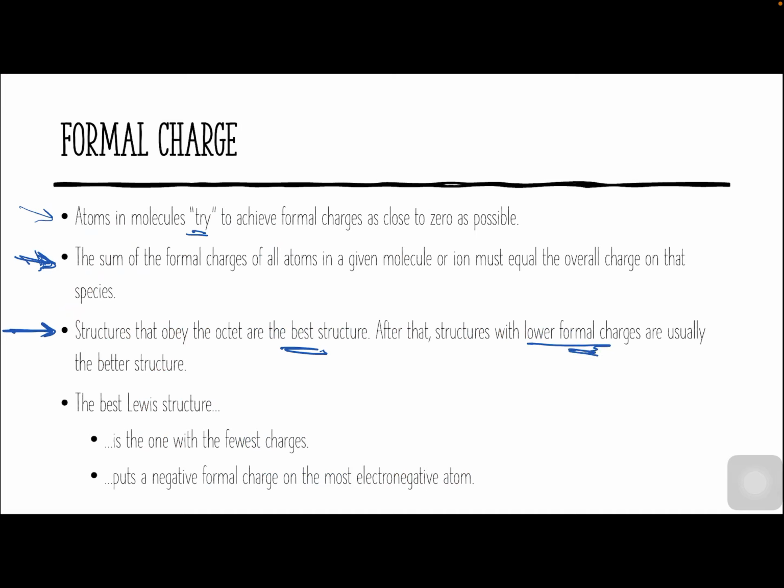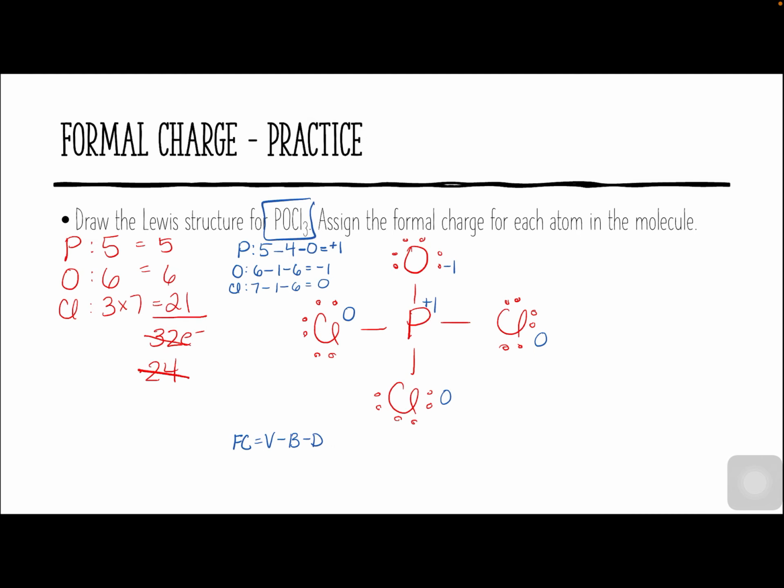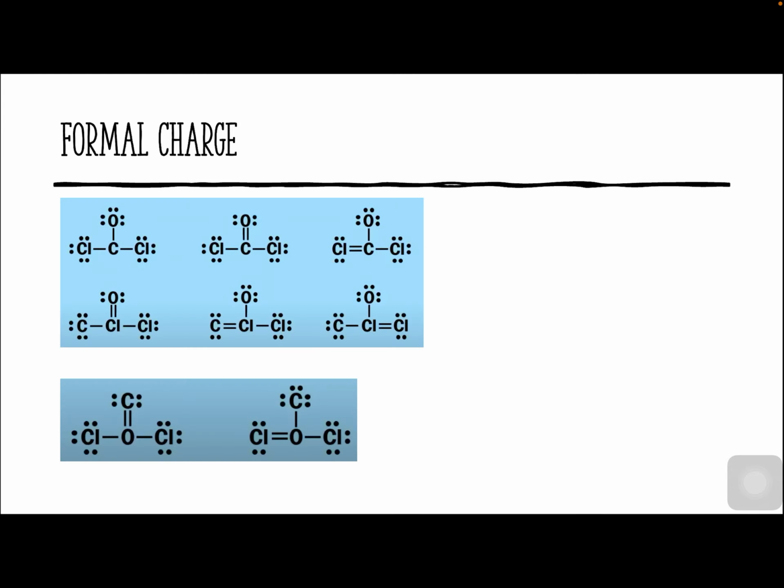So you want it to be as close to 0 as possible. The best Lewis structure is the one with the fewest non-zero charges, and it puts a negative formal charge on the most electronegative element. So in this case, I have only 2 non-zero formal charges, and the negative formal charge is on the most electronegative element. Oxygen has the highest electronegativity of those elements.